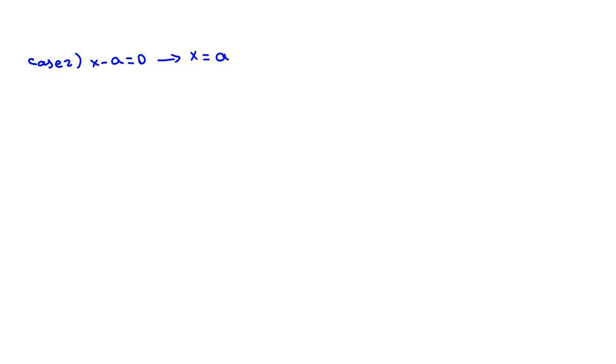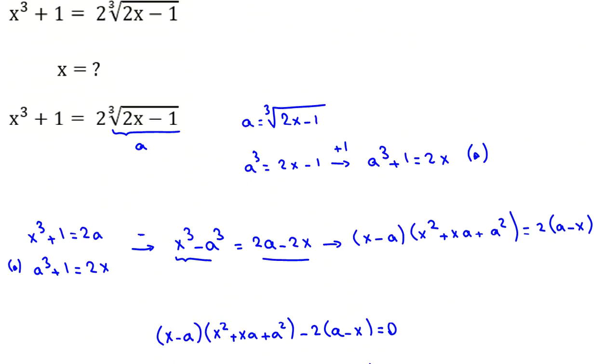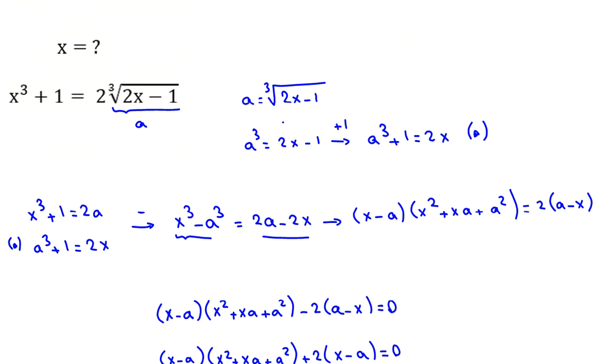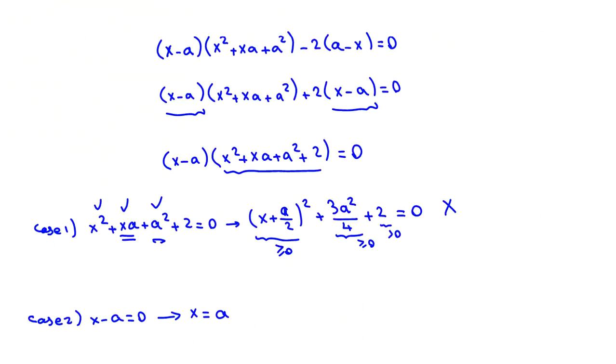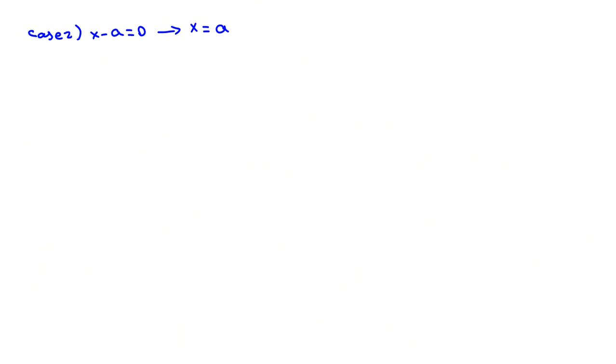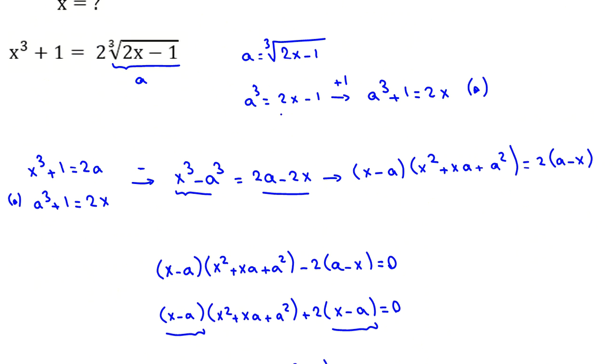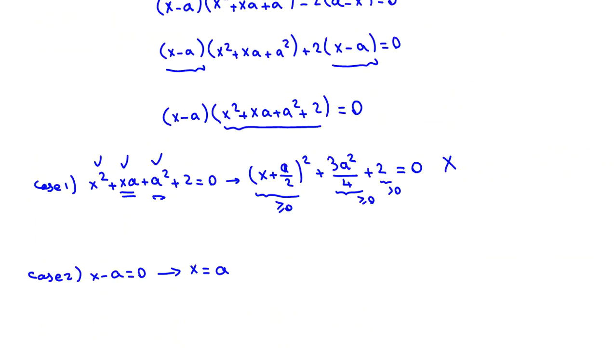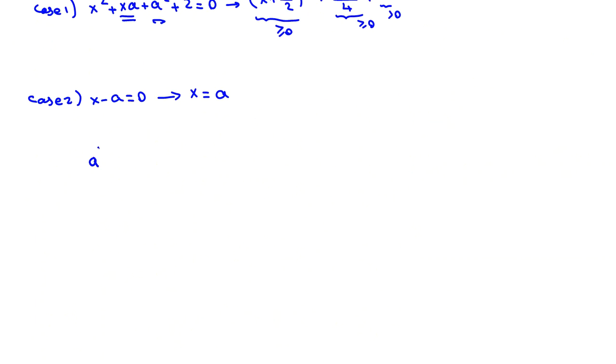By the change of variable, we set a equal to the cube root of 2x minus 1. Or better to say, x cubed plus 1 equals 2a, and a cubed plus 1 equals 2x.